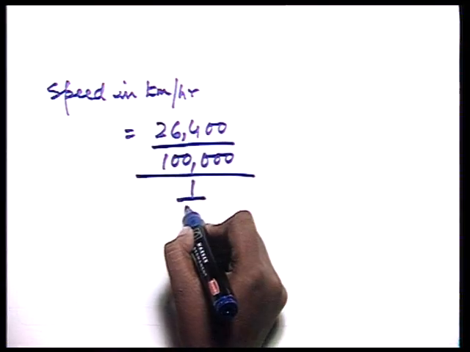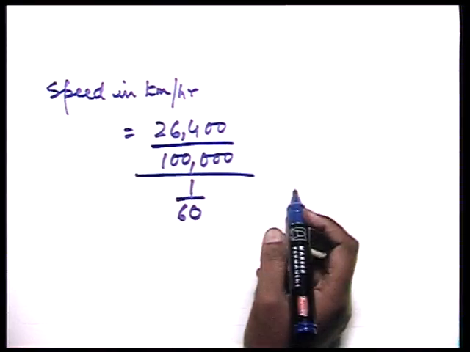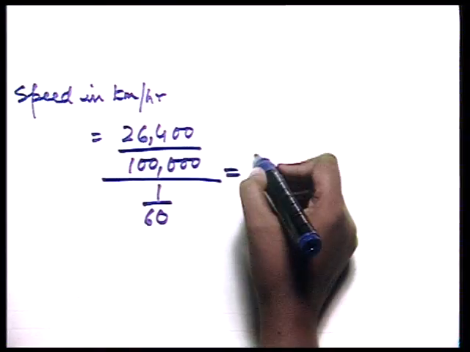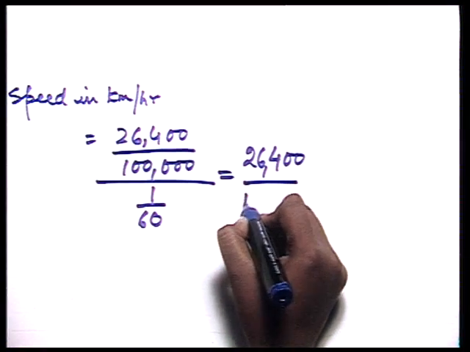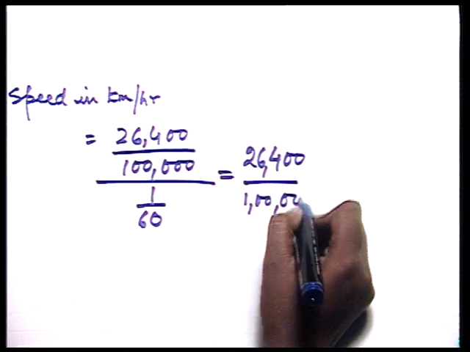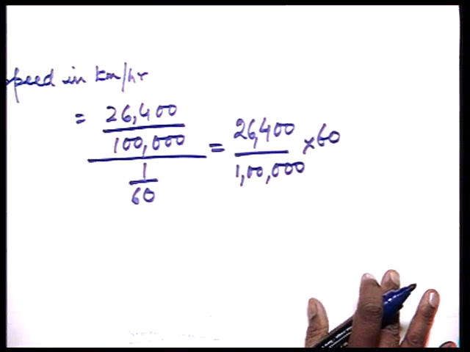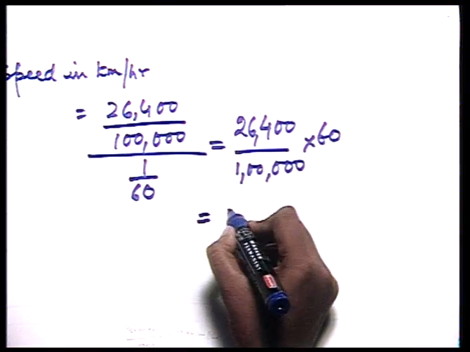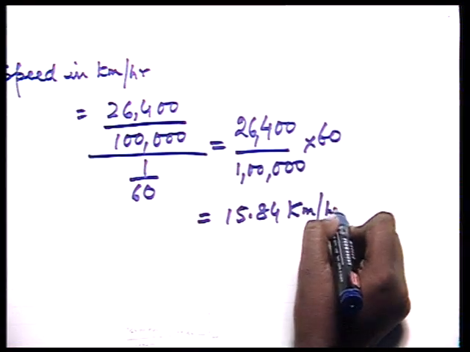So, 60 minutes gives us 1 hour. So, this is the actual quantity: 26,400 divided by 1 lakh multiplied by 60. So, the speed is 15.84 kilometers per hour.